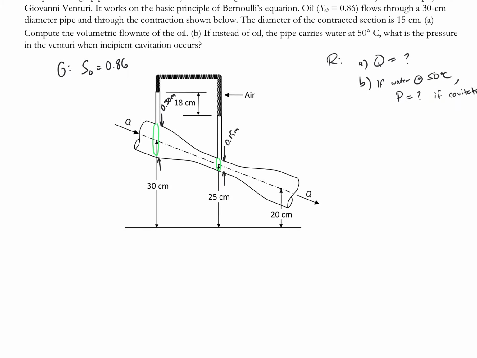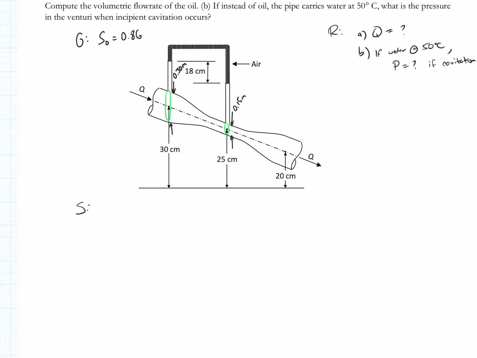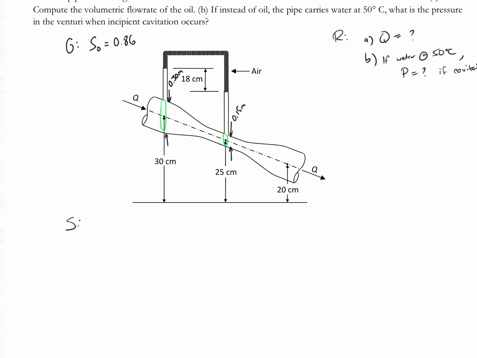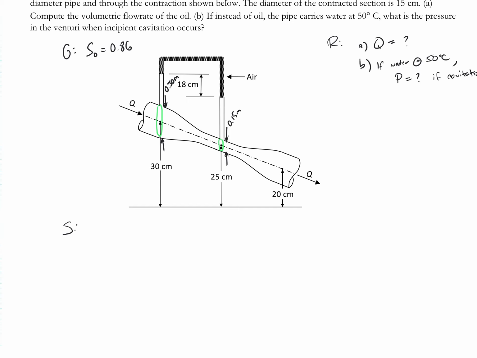So here's our solution. We know right off the bat that this is going to be Bernoulli's equation. It seems very logical to use Bernoulli here because we've got a contraction. You might use the energy equation later in the semester, but we don't even know it right now.